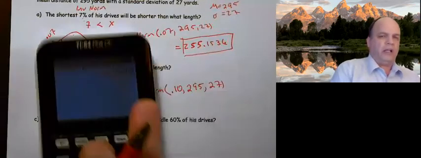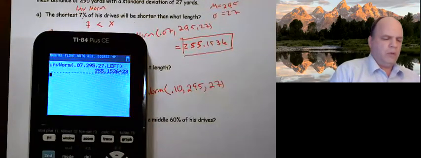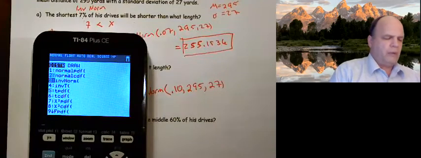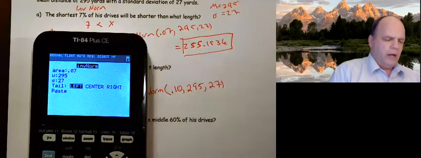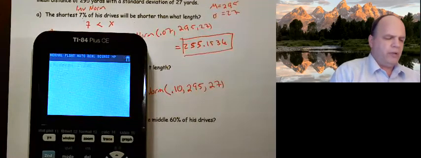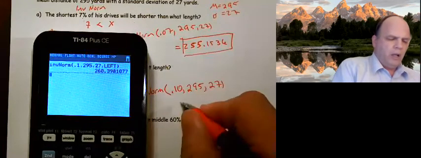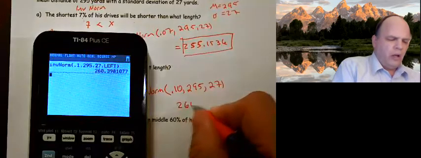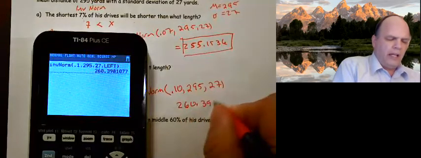So when I go to the calculator with this: second vars, inverse norm, area 0.1, mean of 295, standard deviation 27, and we end up getting 260.3981.